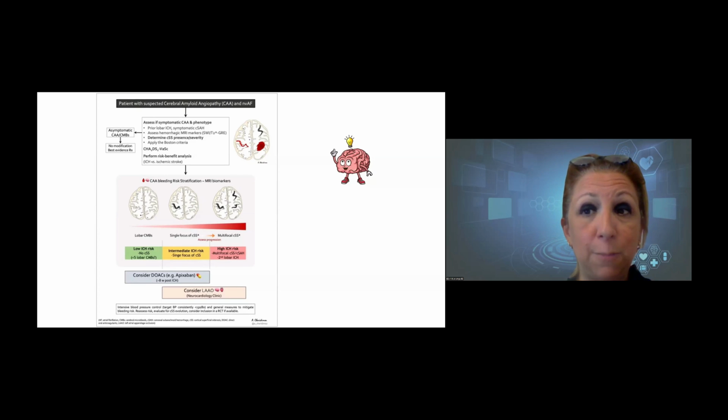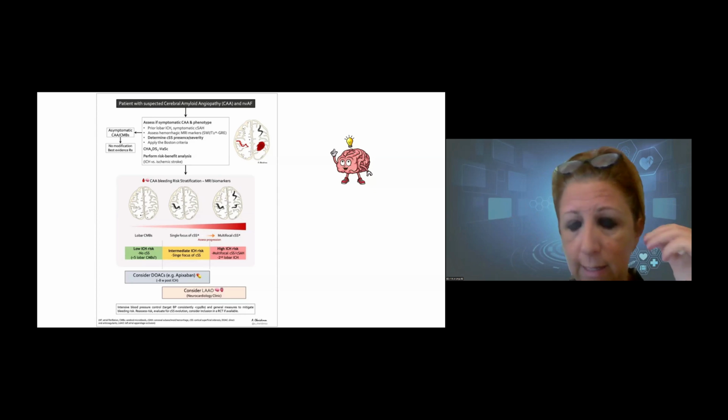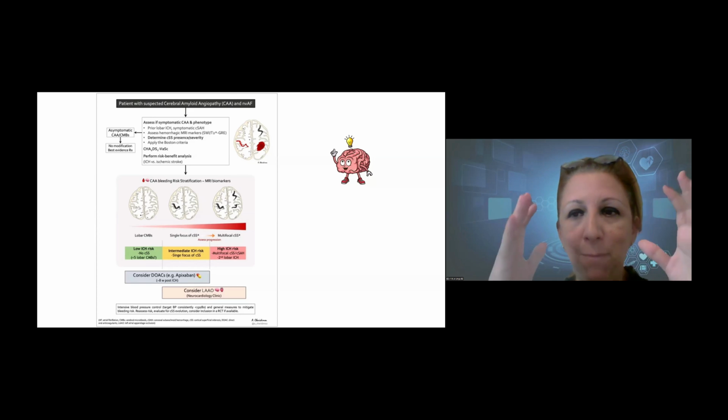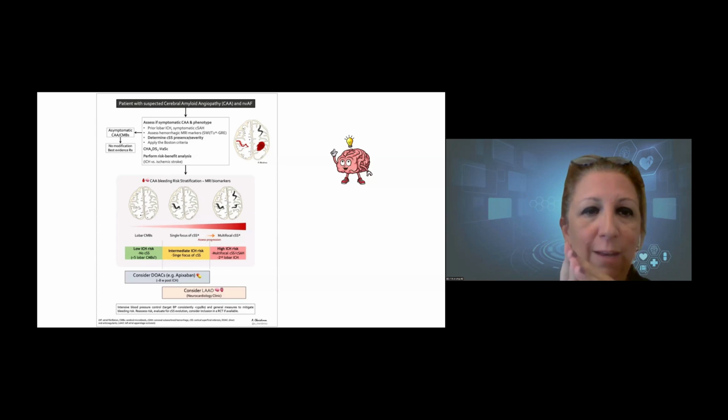For patients at especially high bleeding risk, patients with a large small vessel disease burden, maybe we should consider left atrial appendage occlusion. For patients who are in the middle, in the gray zone, maybe both strategies could be beneficial, but we need more data from the randomized controlled trials.